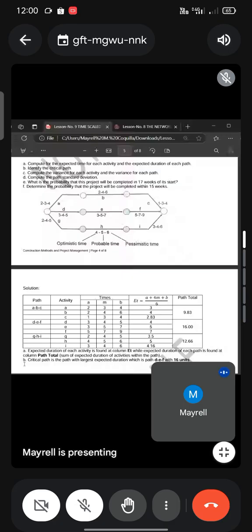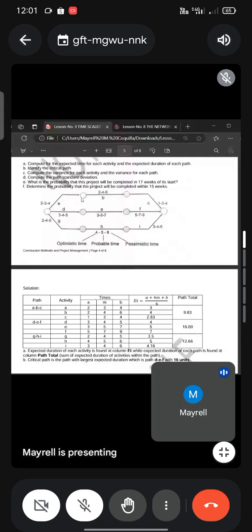The critical path is the path with the largest expected duration, which is path DEF with 16 units. So DEF is our critical path at 16 units or 16 weeks, since the problem is given in weeks. So the expected duration is 16 weeks.